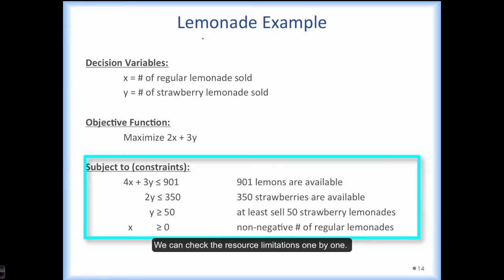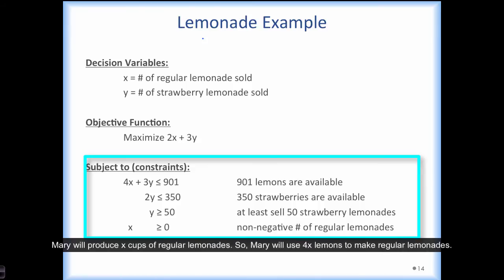Next, let's look at the third component, constraints. We can check the resource limitations one by one. Let's start with the limitation for the number of lemons available. We see that there are 901 lemons available per day, and for each regular lemonade, Mary will use 4 lemons. Since Mary will produce x cups of regular lemonades, Mary will use 4x lemons to make regular lemonades.